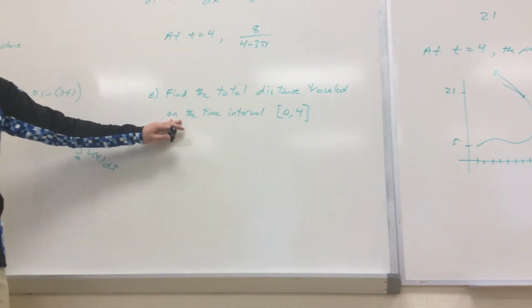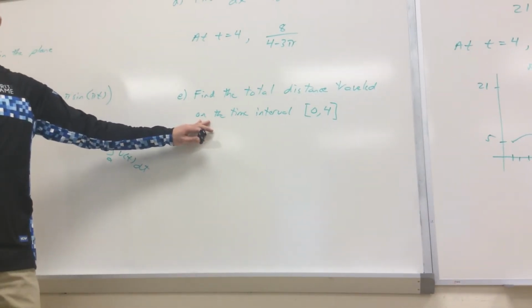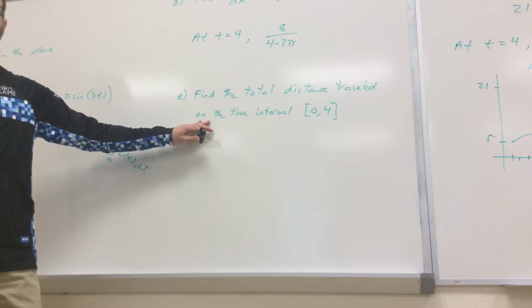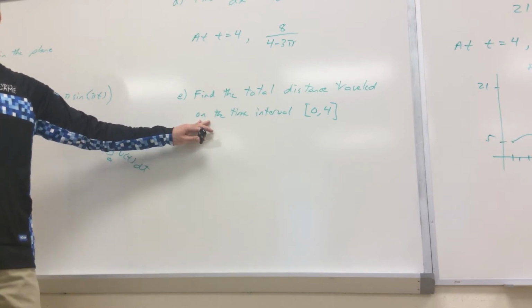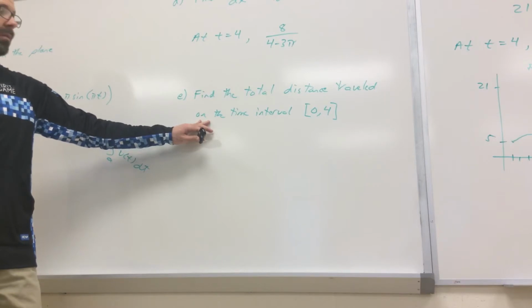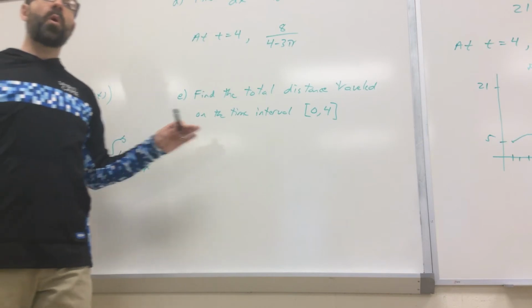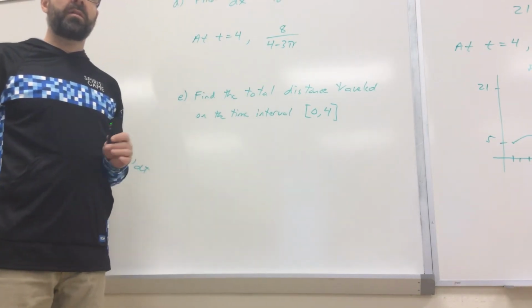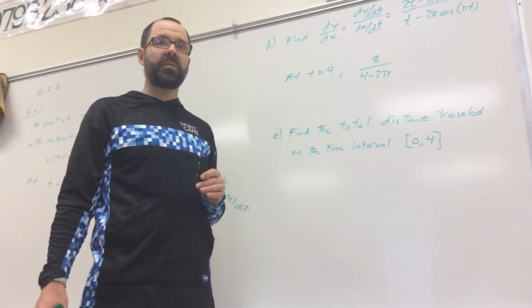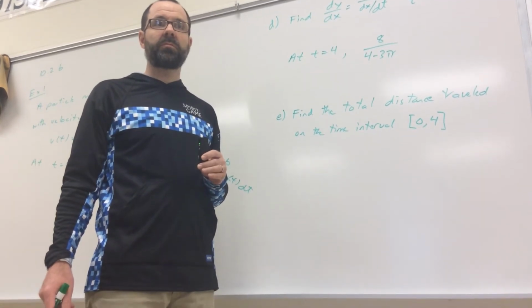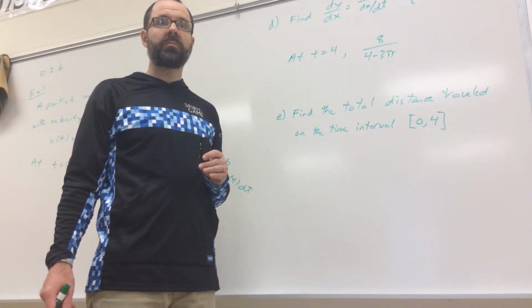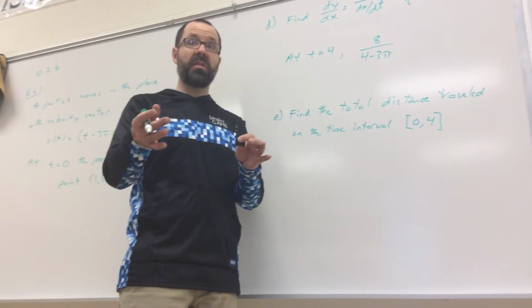Now we're going to find the total distance traveled on the time interval 0, 4. In the one-dimensional case, how do you find total distance traveled? Absolute value of velocity, and then integrate that.